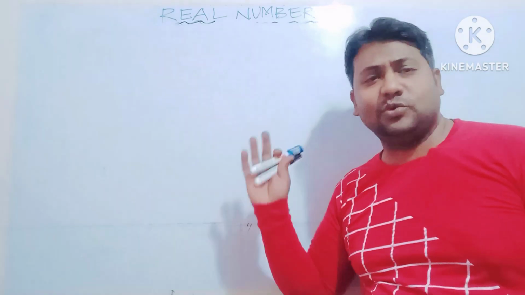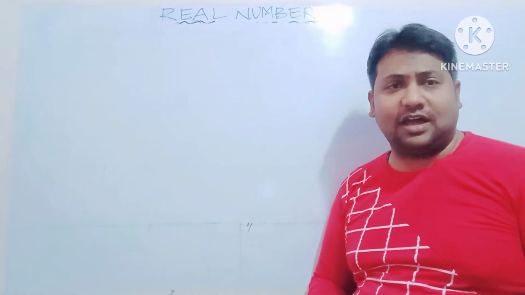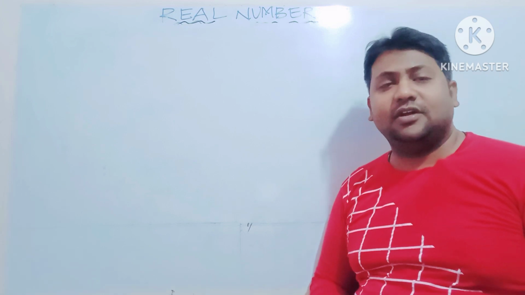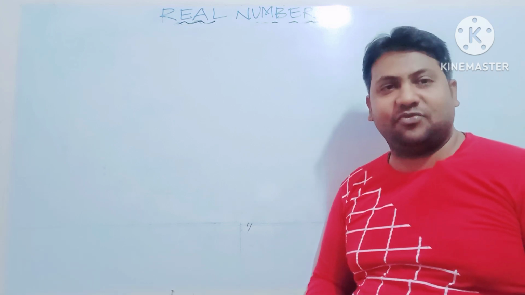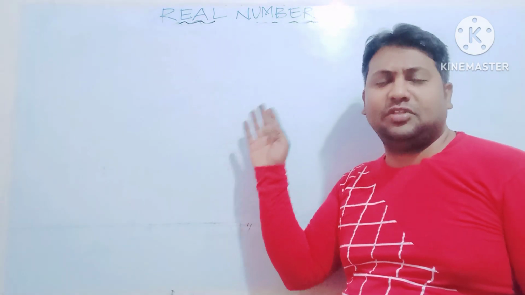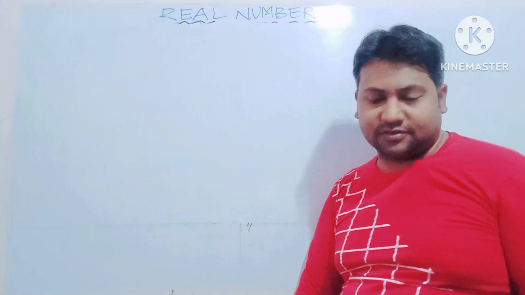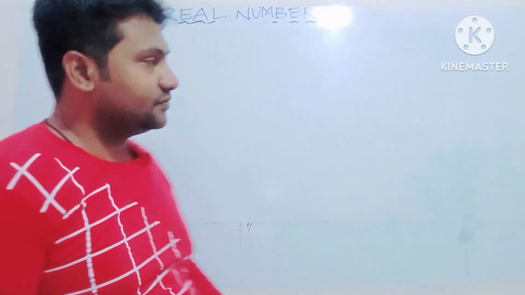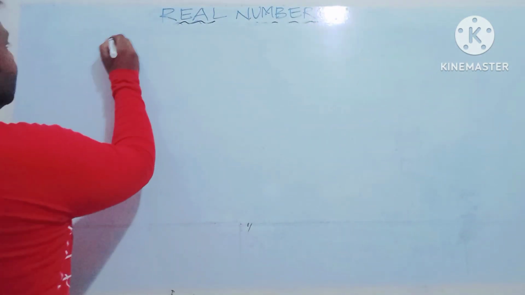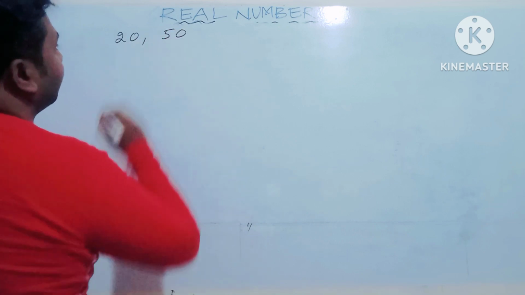Now let us use this equation a = bq + r to find the HCF of given numbers. Simultaneously we can solve with normal division and also with a = bq + r. So let us start. Let me take here 20 and 50.